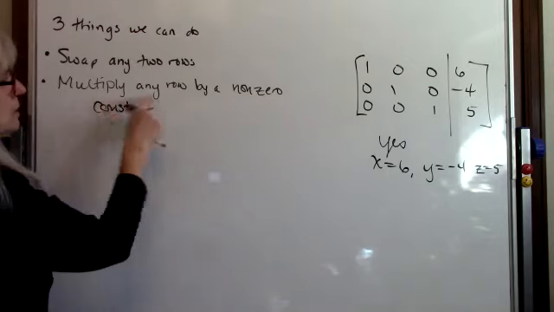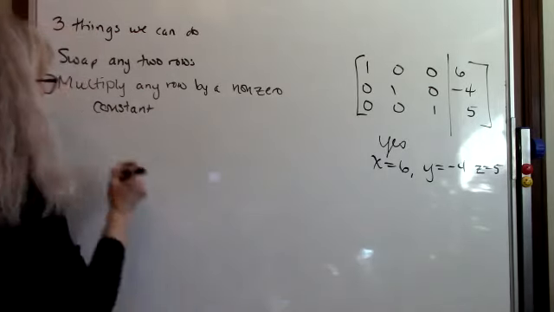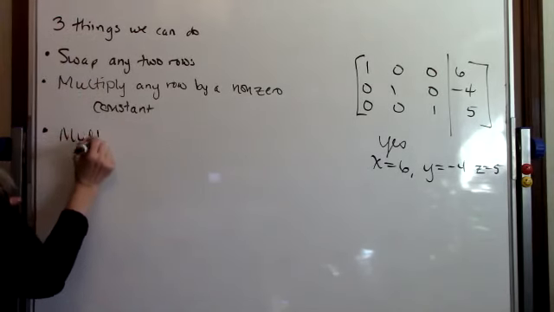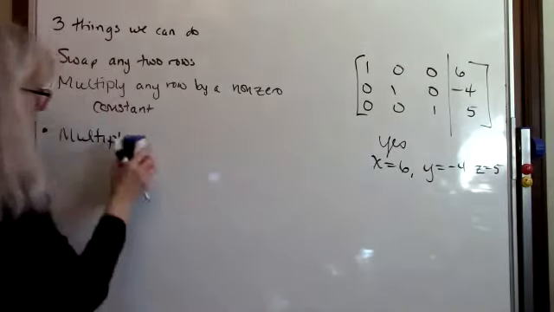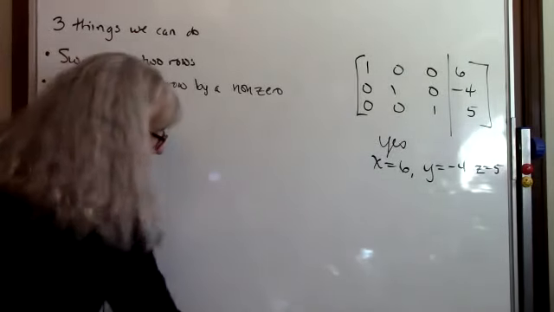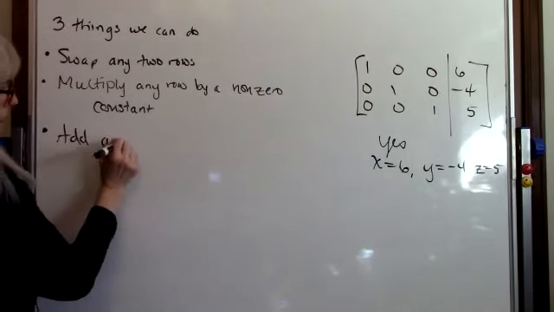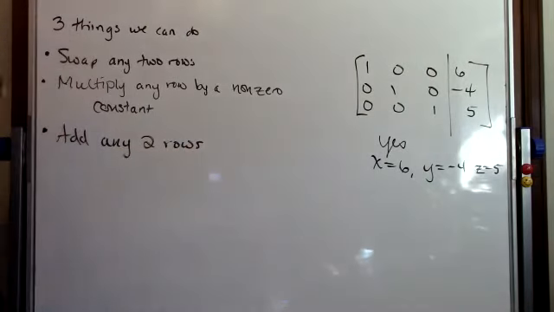You can also, if you need to, multiply it by a 1/2 or 1/3. Well, actually, let's write it in simpler terms. You can combine or add any 2 rows together. So we can add any 2 rows.